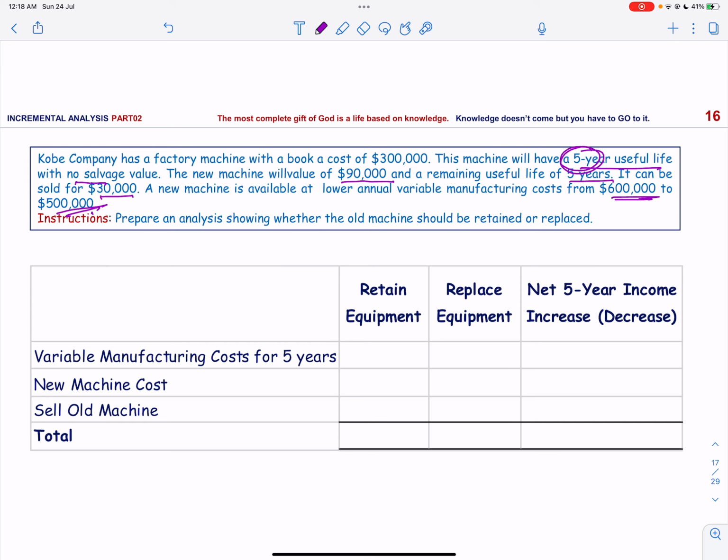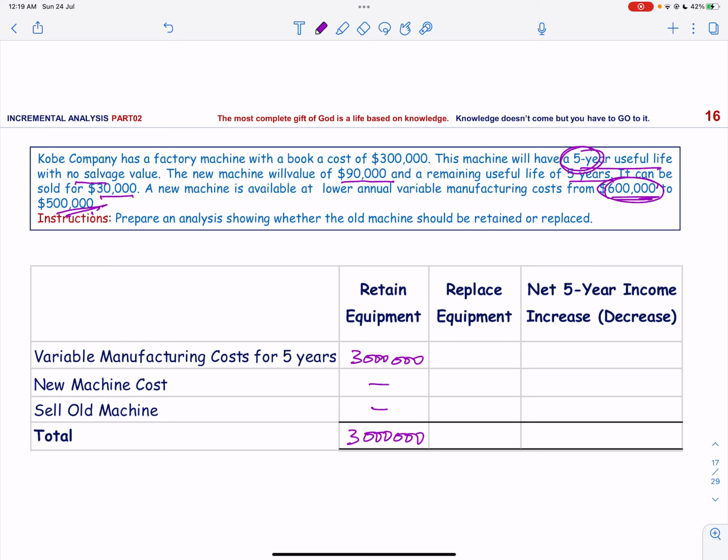So the variable cost for 5 years, if we retain, will be 600 times 5, that is 3 million. We are not going to buy the machine if we are retaining, and we are not going to sell the old machine. So the total cost will be 3 million.